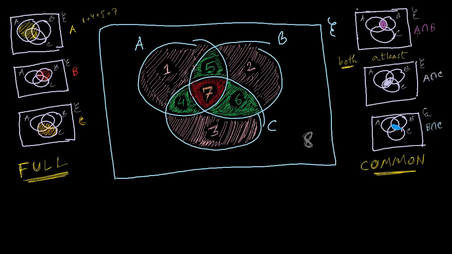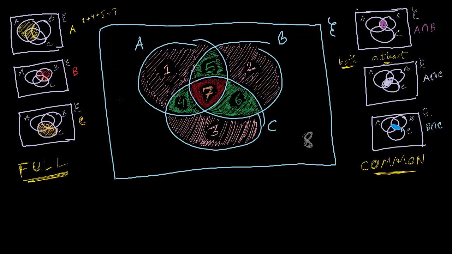So if they use the words at least A and B, it means this region. If they use at least A and C, it means this region. Or if they say both A and B, it's the same thing. So for these sets on the right hand side, the vocabulary used in the exam would be both or at least. So if they use A or B or C, we use the full sets, which are made up of 4 regions over here, and these regions are made up of 2 regions each.